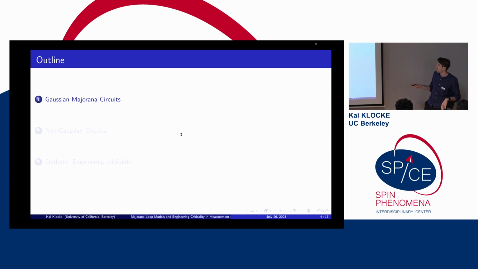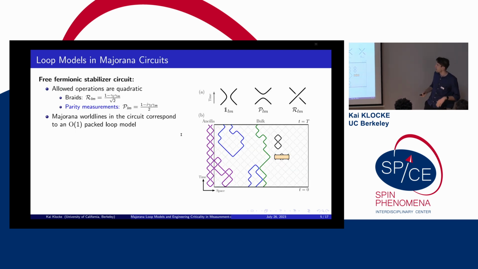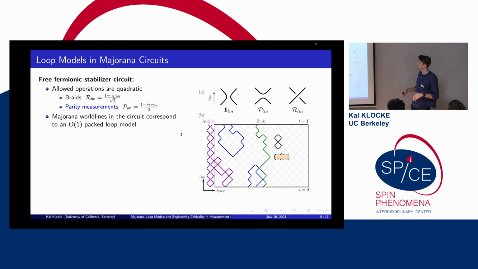Cool. So I'll start off by talking about the simplest possible type of circuit you can imagine, which is a free fermionic Clifford circuit. And here, the only allowed operations are essentially exchanges of Majoranas and parity measurements. And since this is measurement only, that's really what we want.